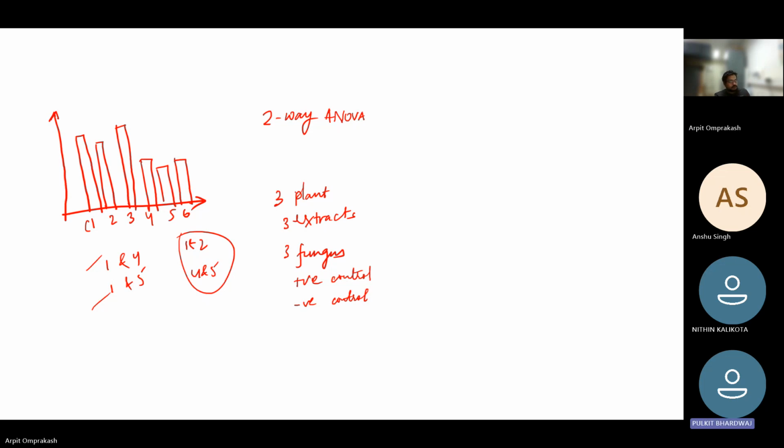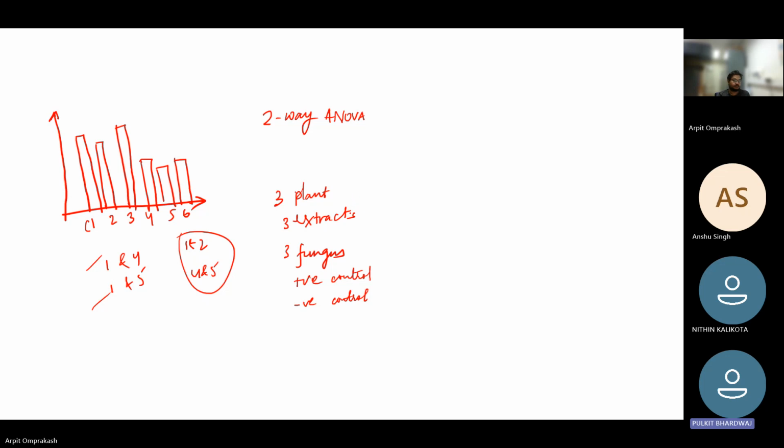So if you could break it down for me, how can I compare it with two-way ANOVA? There are two options, sir. First, I can screen the extracts according to the plant. For example, for plant one this extract is the best, for plant two this extract is the best, same for the third. Or it can be for the fungus.